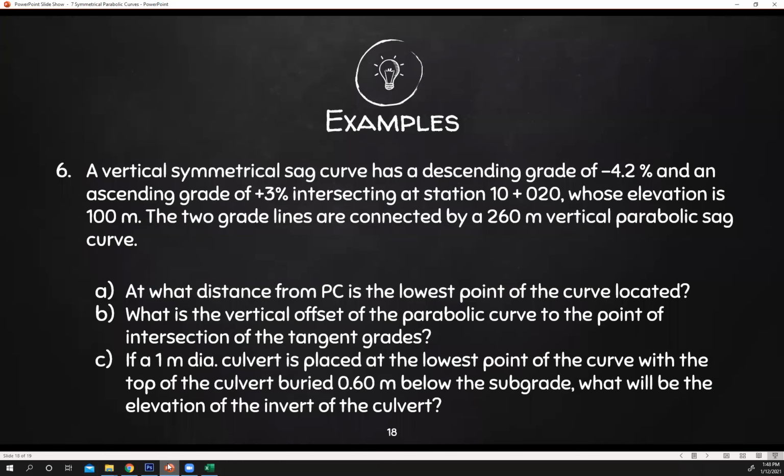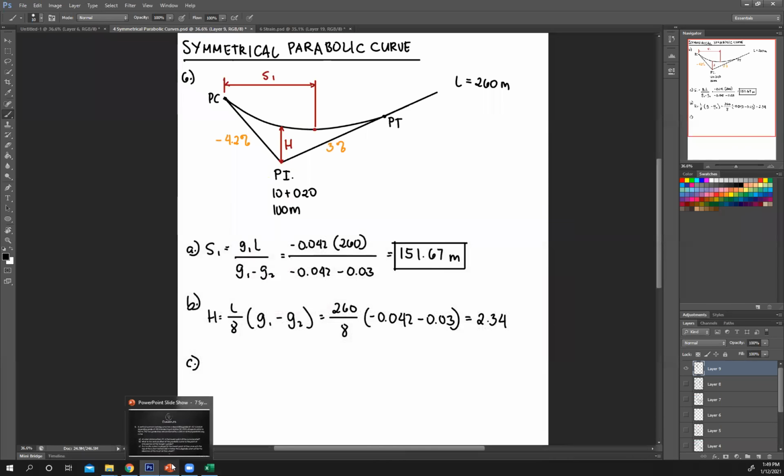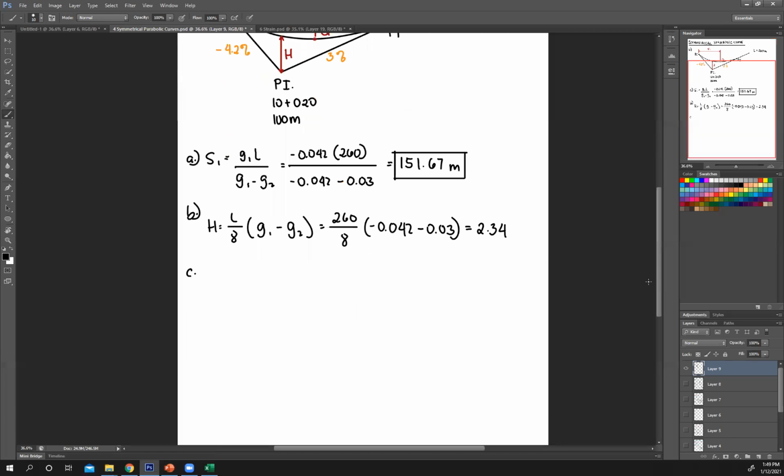And then C, if a 1-meter diameter culvert is placed at the lowest point of the curve with the top of the culvert buried 0.60 meters below the subgrade, what will be the elevation of the invert of the culvert? As mentioned in the last meeting, the invert of a culvert is just this point. We're looking for the lowest point. Let's call this lowest point Q. Then let's redraw.